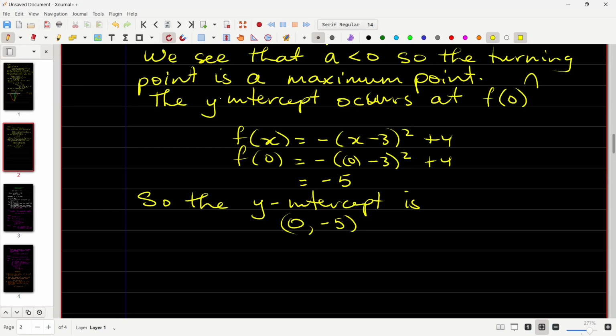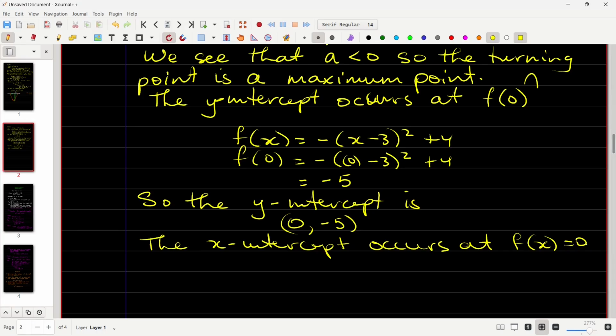Next, we need to figure out the x-intercept. So the x-intercept occurs when f of x is equal to 0. So f of x is equal to negative, open bracket, x minus 3, close bracket, squared plus 4 equals 0.